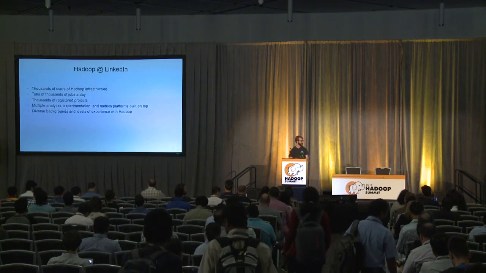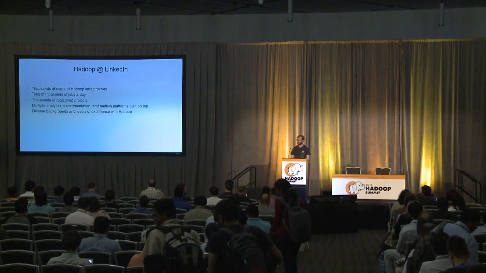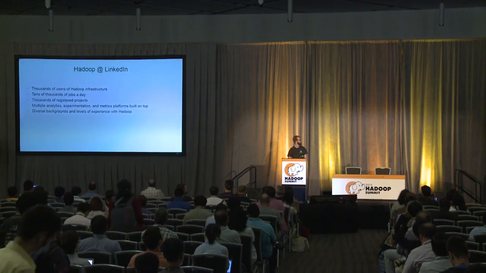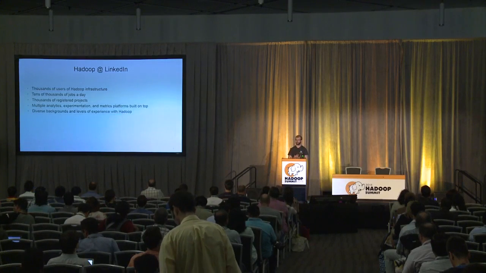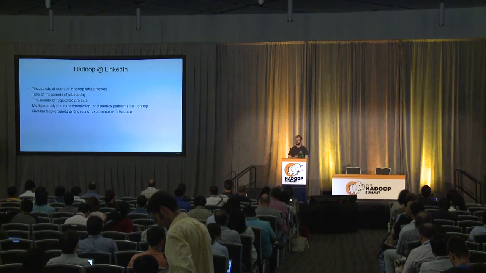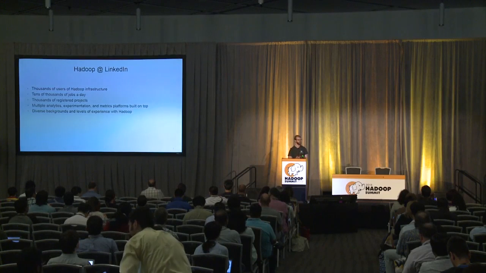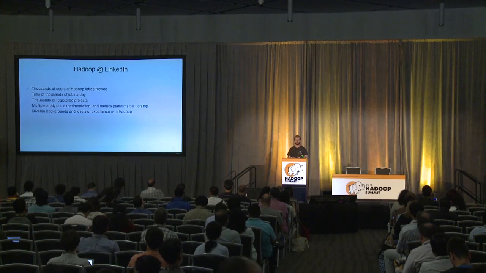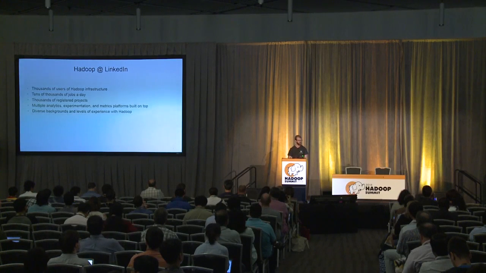At LinkedIn, in addition to fairly large Hadoop clusters, we have a very large Hadoop user community. It's comprised of multiple thousands of users. During any given month, there may be a few hundred of those active. Those users are responsible for thousands of projects, tens of thousands of jobs executing every day.